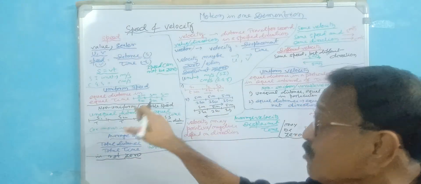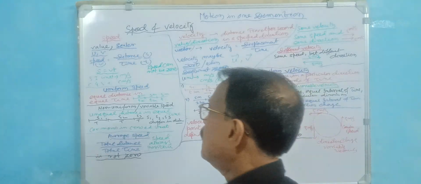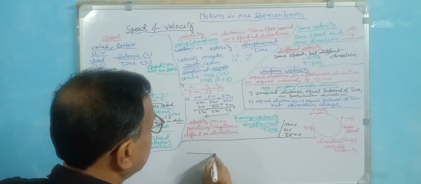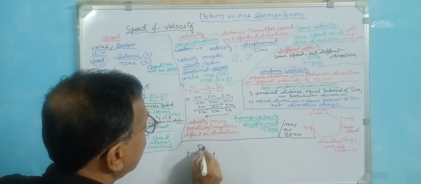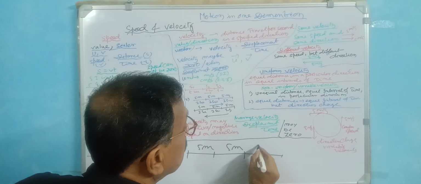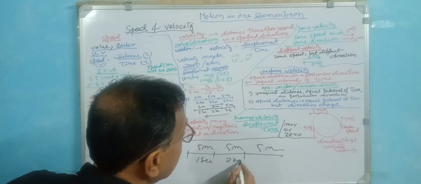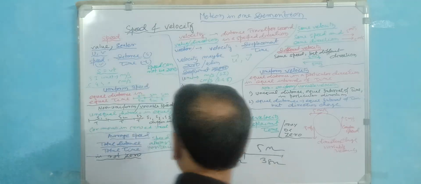But non-uniform means the variable speed, where the speed is changed. Suppose you draw equal distances of 5 meter, and it takes 1 second, 2 seconds, 3 seconds.